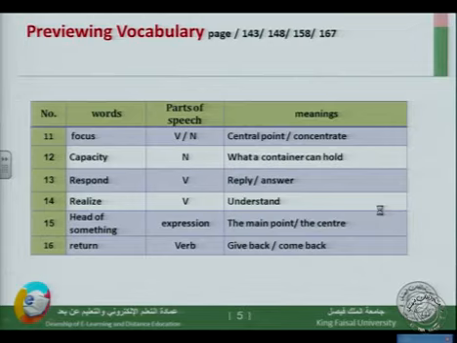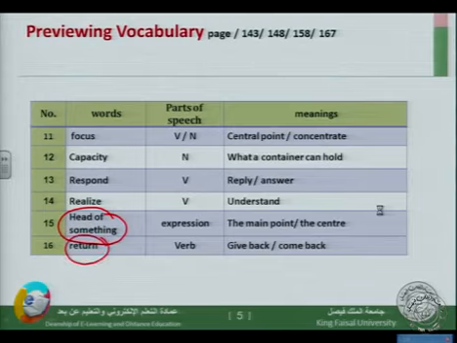Head of something. This is an expression, مصطلح, meaning head of something. It means the main point, the center. To return is also a verb, to return something back, to give them back, or it means to come back.